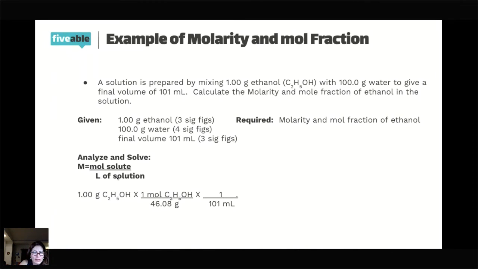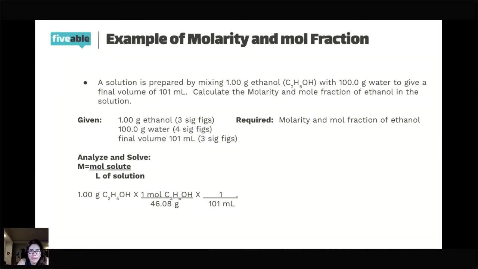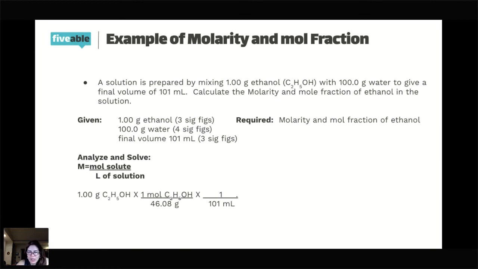But in the formula, we need liters. So how do we change milliliters to liters? Do we remember the conversion factor of milliliters to liters? The prefix milli should help you remember. Exactly, or another way to say it is 1,000 milliliters equals 1 liter.